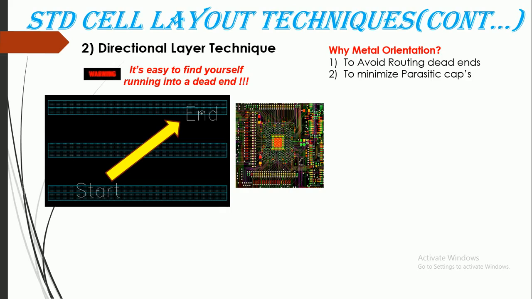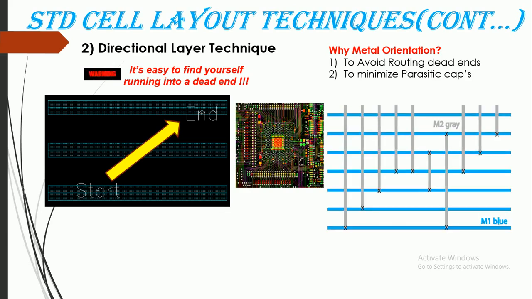In order to avoid such dead ends, we follow some rules like metal 1 should be horizontal, metal 2 will be vertical. In this case, the grey colored ones are the metal 2s and the metal 1s are blue colored ones, and wherever connections are required, I will put vias over there.